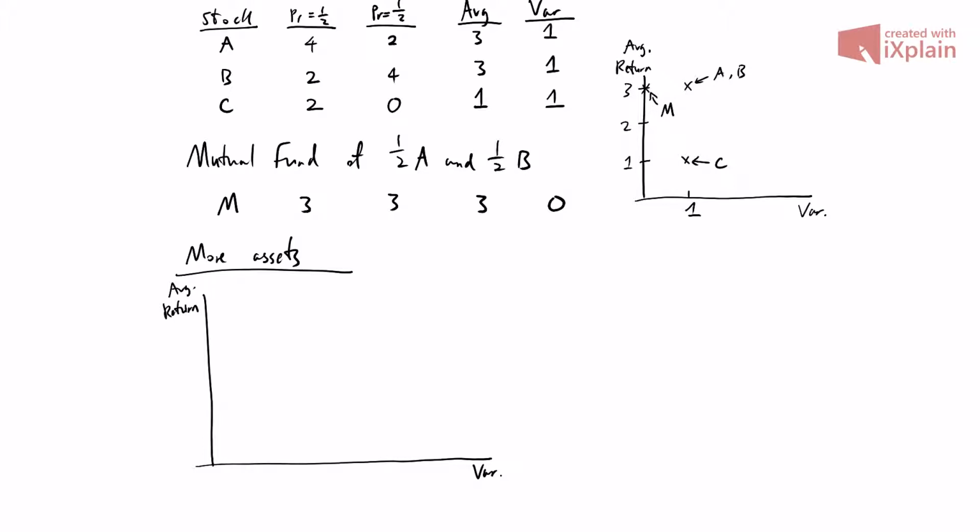Typically, you have many assets in the market, and you can form combinations out of them, but you cannot diversify away all risk. So what you would get is something like this.